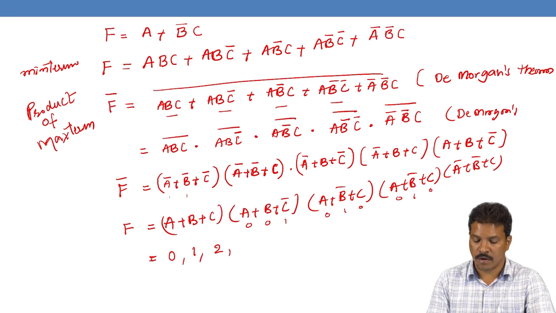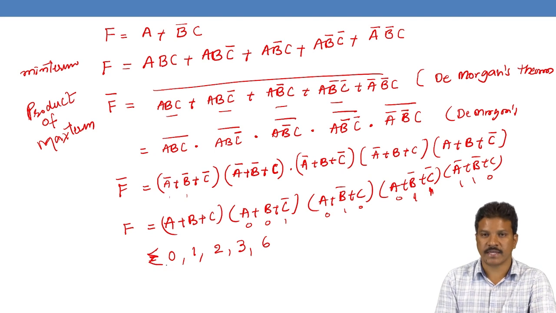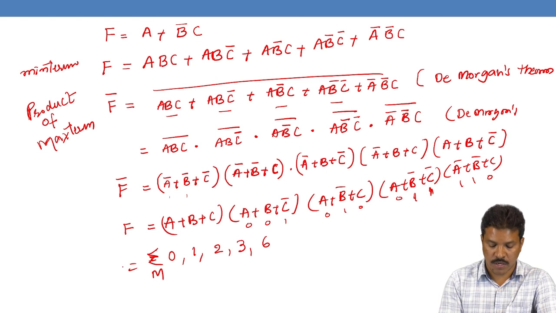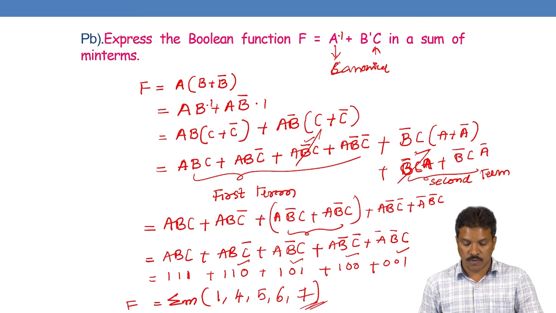A bar B double bar C bar, A bar BC. It's A bar B bar C. 011 is 3 and 110 is 6. So we can represent the max term as 0, 1, 2, 3, 6.